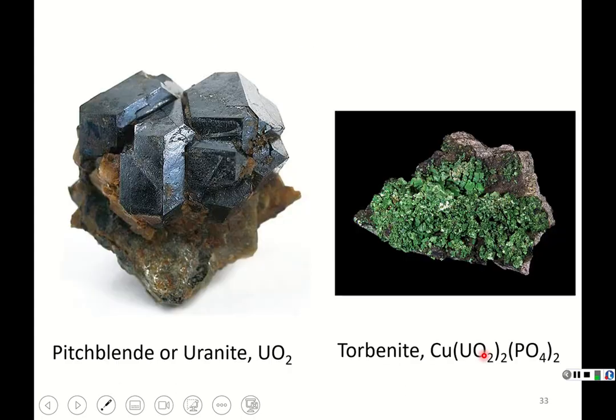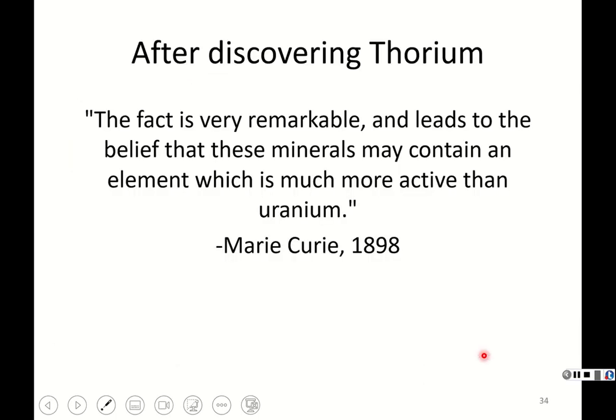Right, so they took this pitchblende and they were isolating out the uranium from that. So that's just one of the radioactive things they were working on. Also discovered thorium. And so after discovering thorium, Marie Curie said something like, "The fact is very remarkable and leads to the belief that these minerals may contain an element which is much more active than uranium."